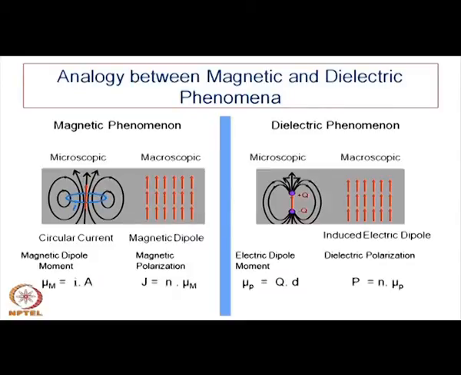So, there is a major difference so far as the dielectric phenomena and magnetic phenomena are concerned. Dielectric phenomena occur only when there is an external field applied and the charged species respond to the external applied field in a particular manner, and that gives rise to dielectric constant, dielectric permittivity and so on, or dielectric polarization.